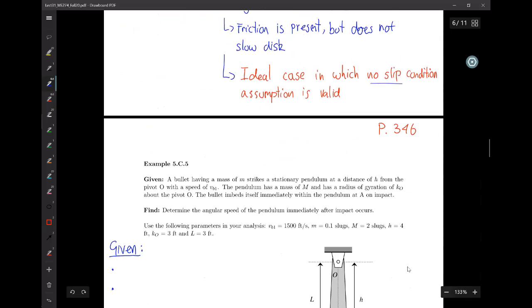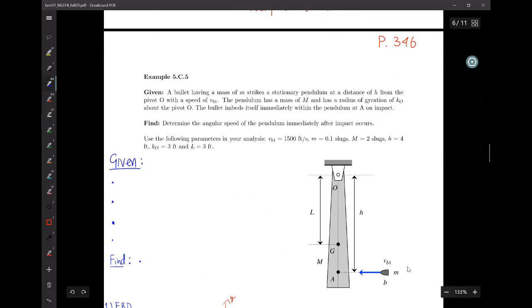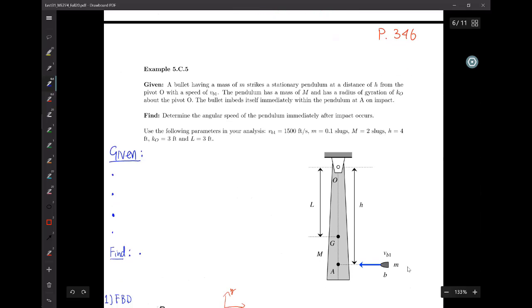All right, so let's do this problem now to illustrate further how these equations work. It's problem 5C5 on page 346.